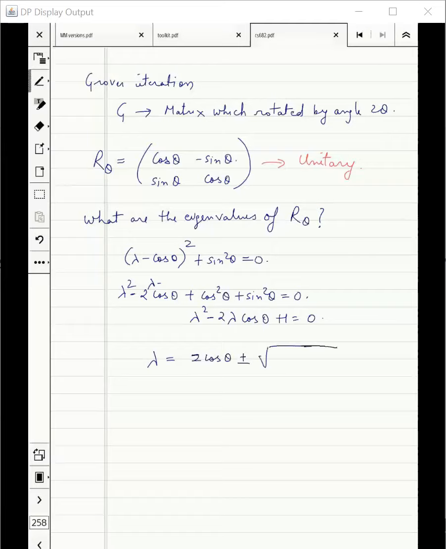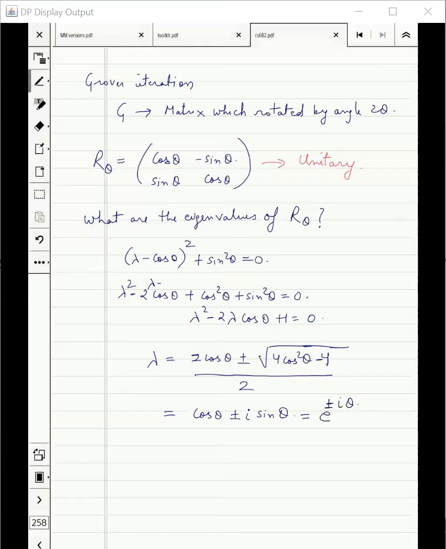Discriminant is 4 cos square theta minus 4, divided by 2. This is cos theta plus minus i sin theta. This is e to the power plus minus i theta.